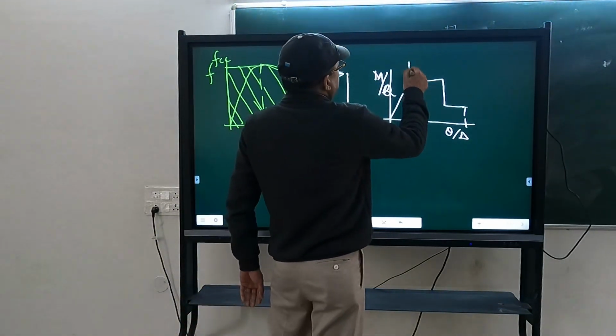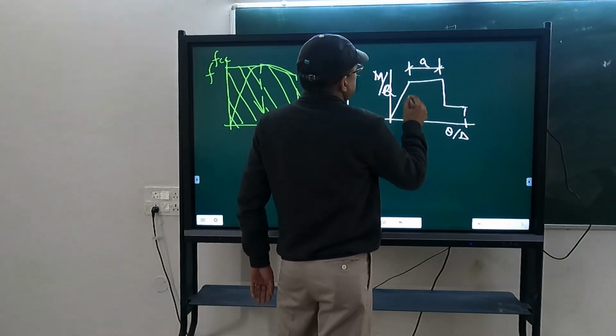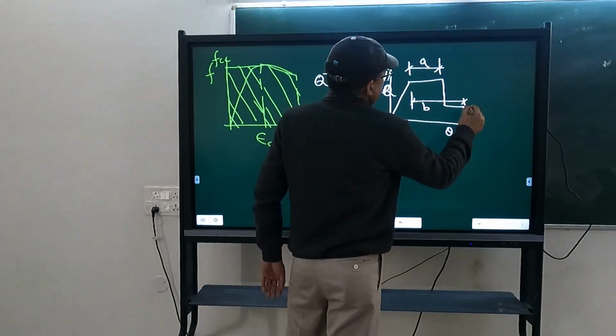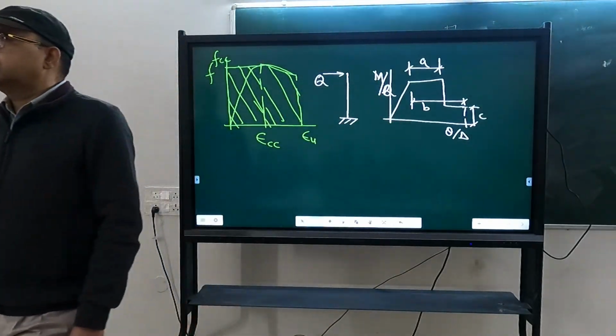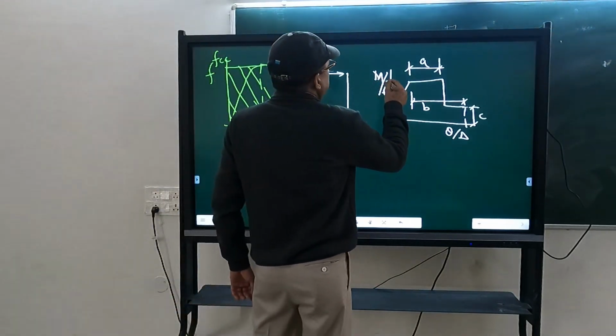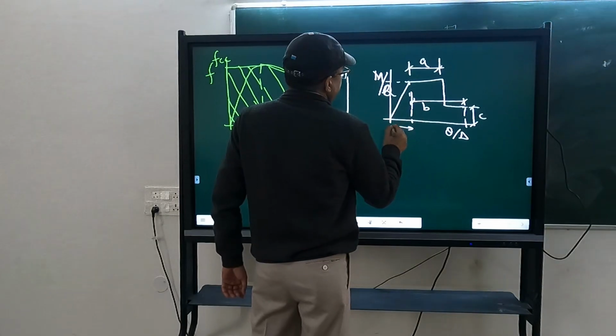These values we can obtain from ACI 41, and this value, how we are going to obtain this?